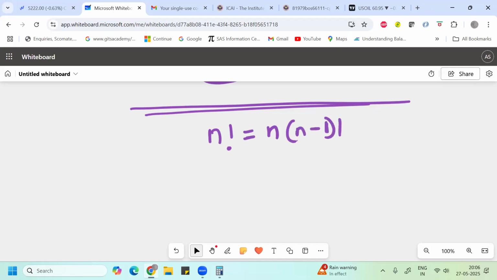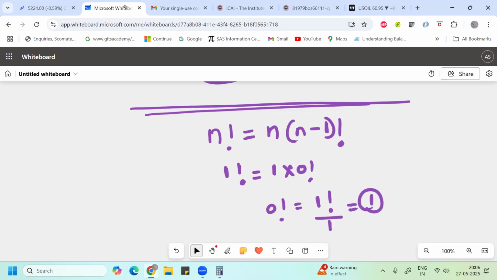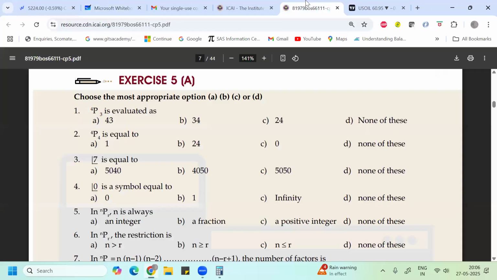So I can write 1 factorial as 1 into 0 factorial. Now 0 factorial is 1 factorial by 1. 1 factorial is 1, so 0 factorial is 1. Remember this. In nPr, n is always a positive integer. Answer is option C. Okay, question number 6.